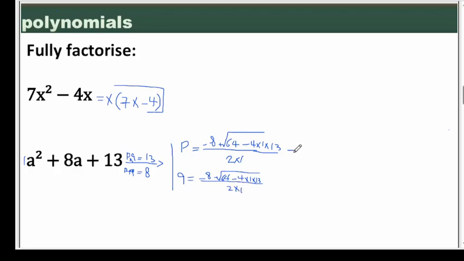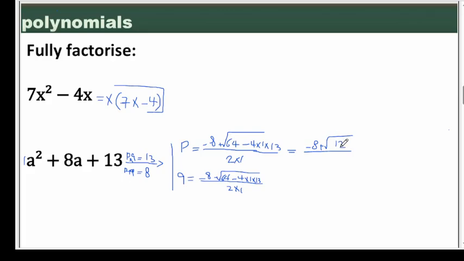So here I will have negative 8 plus the square root of 64 minus 4 times 13, which gives me 52. 64 minus 52 gives me 12.